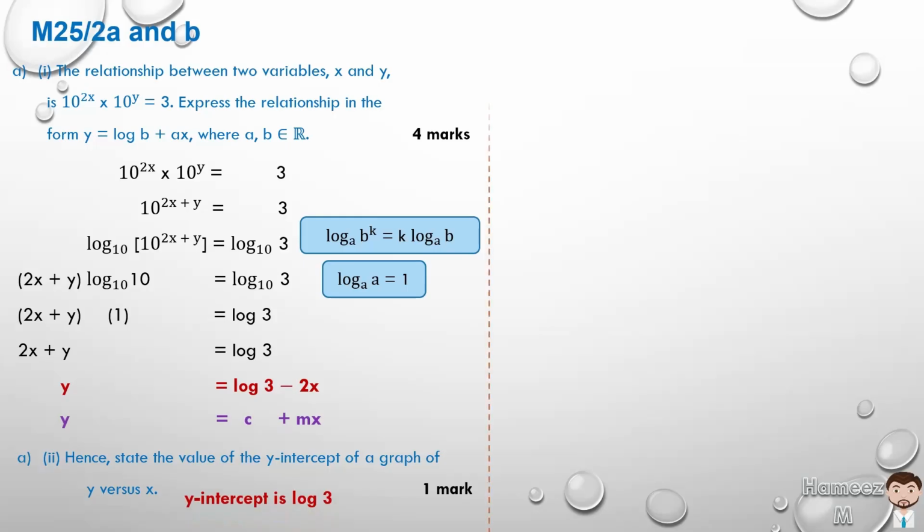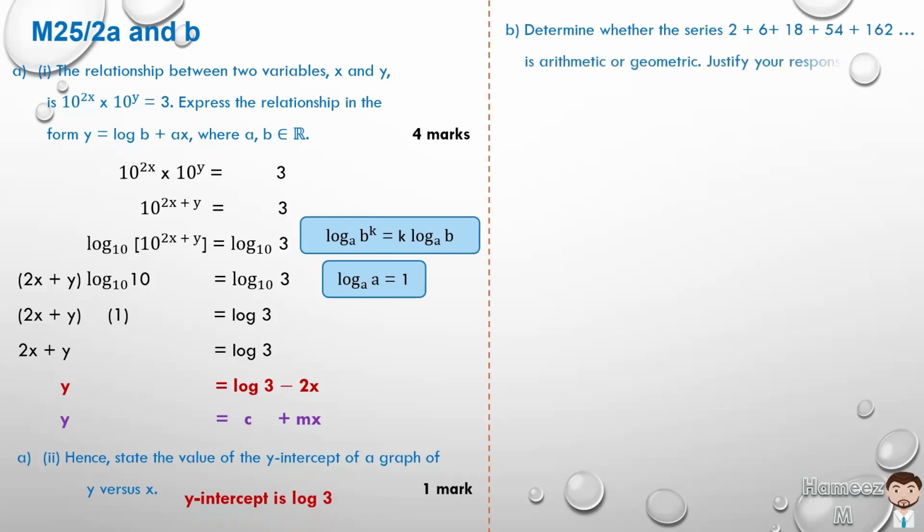Let's now move on to part B. Determine whether or not the series 2 plus 6 plus 18, and you can see the series going on, is arithmetic or geometric. We have to justify our response. So if we consider the first term and the second term, is there a relationship between them, and the same relationship between the second and third term, and the third and fourth term?